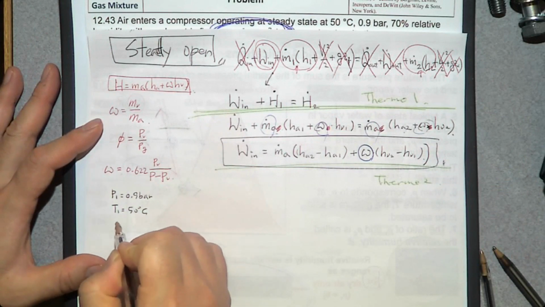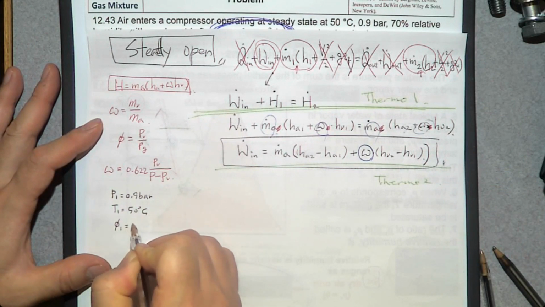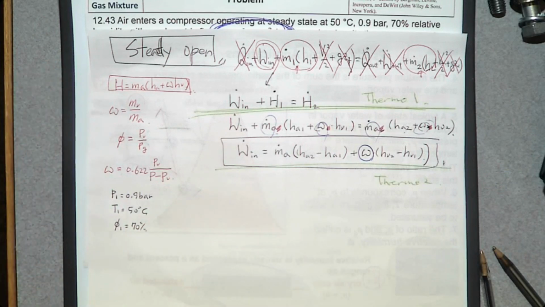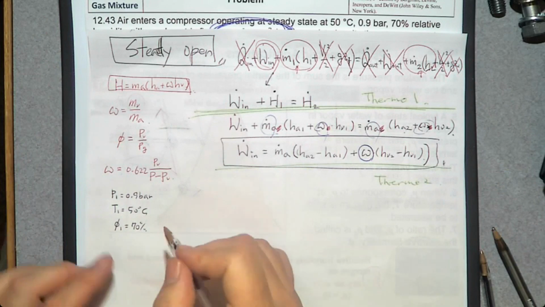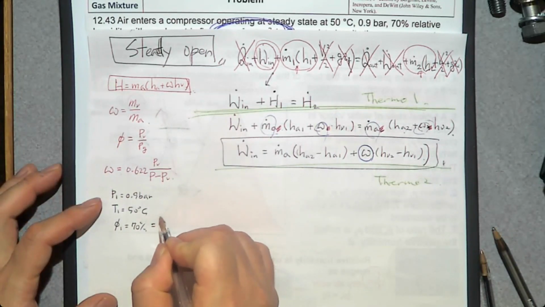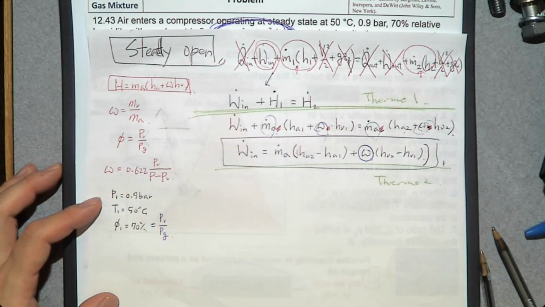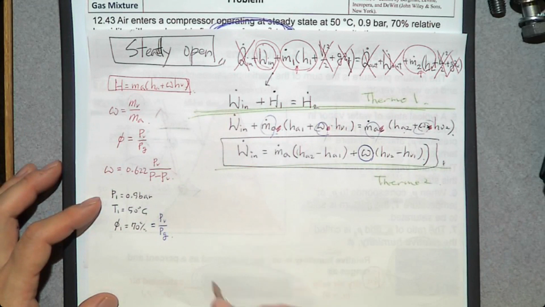We have relative humidity, phi1, which is 70%. So we can start with this relative humidity. It can be determined by this equation, PV over PG. Then what is PG? That's the saturation pressure.